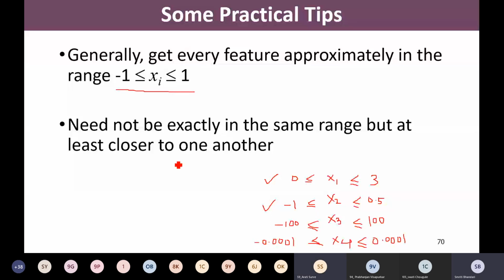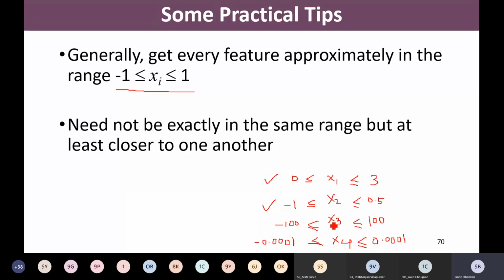We are not saying that the range of values should lie exactly in this proposed range -1 to +1, but whatever the ranges are, they should be closer to one another. So if we look at x1 and x2, those ranges can be accepted.